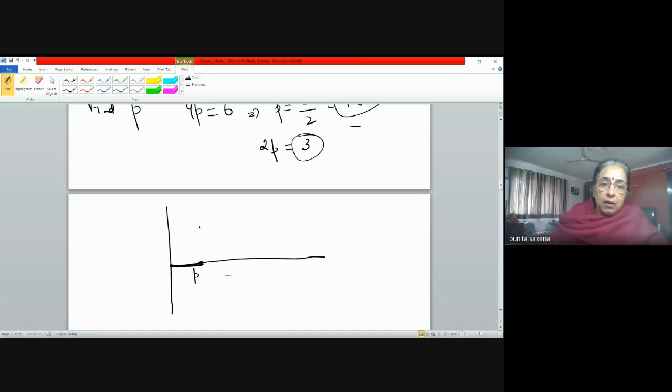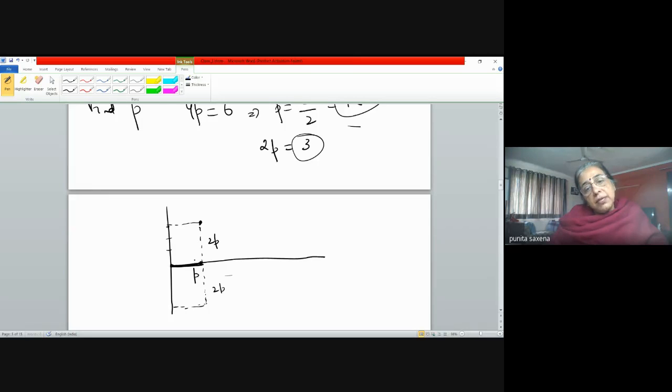Then I measure 2p units up and down from this point p, which I have identified. So if p was 1.5, 2p is going to be 3. Somewhere here, this distance is 2p units, and 2p units below also. So I have constructed a box like this.